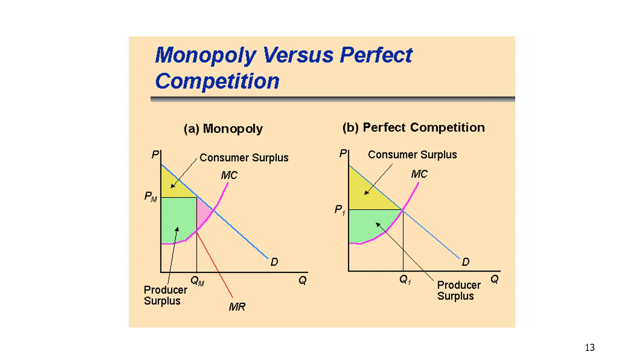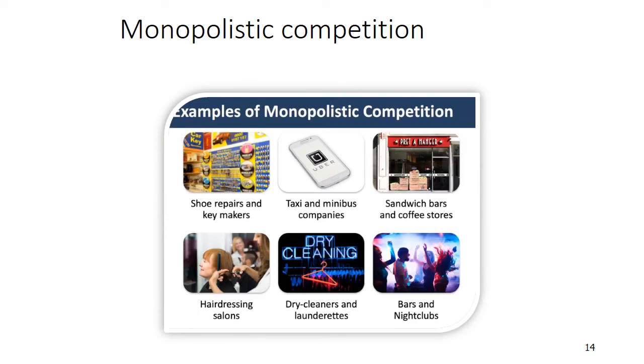It is not distributed to either consumer surplus or producer surplus, it is a loss there. So this is the comparison between the monopoly and perfect competition structures. What you can understand is that perfect competition is better than the monopoly structure. Then we will see monopolistic competition in the next part of the lecture.